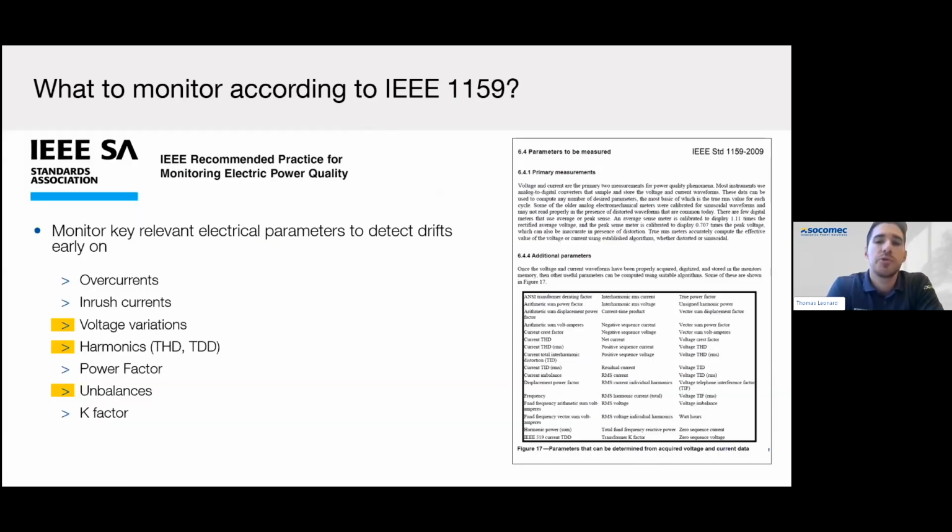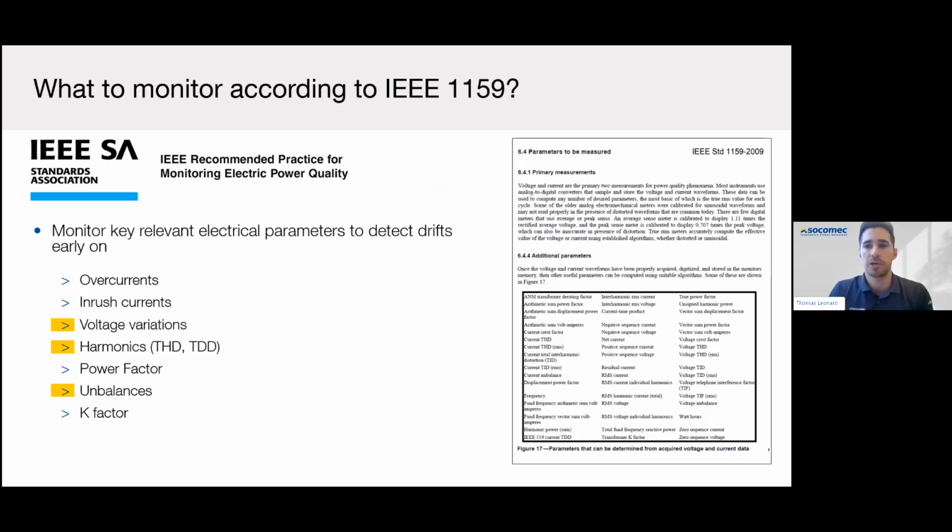So before going into the types of disturbances that we can find in electrical installations, I wanted to introduce the IEEE 1159 standard, which is almost a handbook. It provides power quality guidelines for users, and it really focuses on the types of disturbances that you can have in your electrical installation.